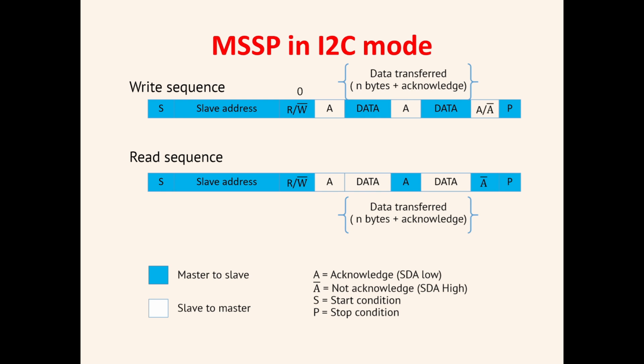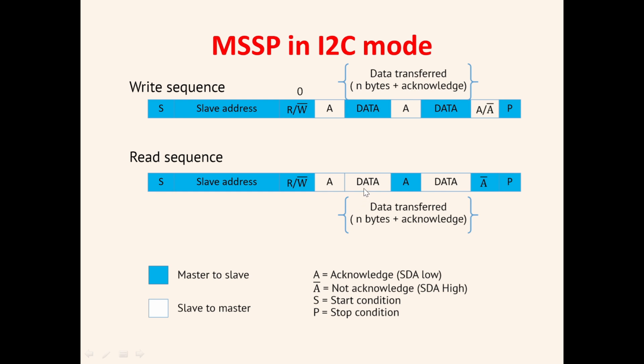And as you are sending this data from slave to master, acknowledgement must be given from master to slave. That's why it is highlighted in blue. Blue color is nothing but the acknowledgements received from master to slave, and the one highlighted in white is the condition mentioned from slave to master.